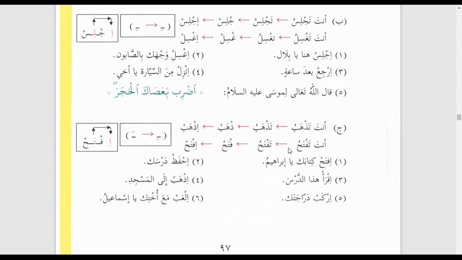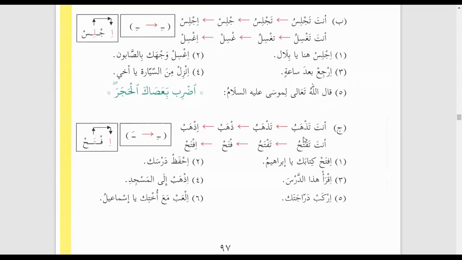Okay, now next we have tadhabu. So what pattern is this now? We have done nasara yansuru, daraba yadribu, and this one is fataha yaftahu, dhahaba yadhabu. The Sheikh is following the ones that are most commonly used, which is nasara yansuru.